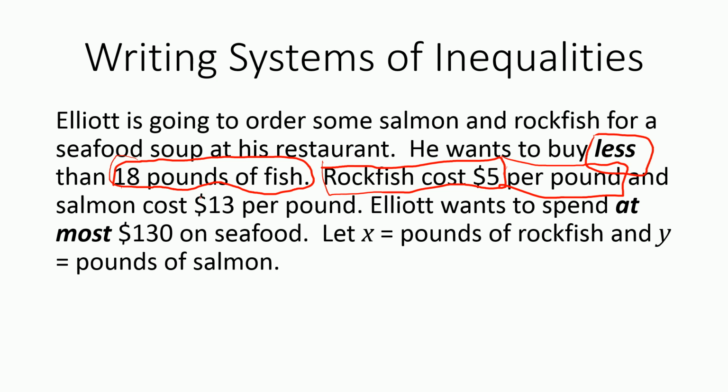And salmon cost $13 per pound. So, and he wants to spend at most $130 on seafood. And it also tells us that X is going to be rockfish and Y will be salmon, which makes our life easier because I don't have to decide that. It's something that's decided for me.